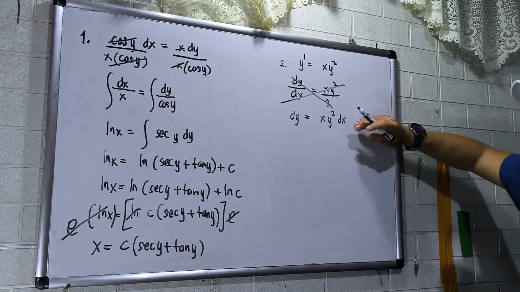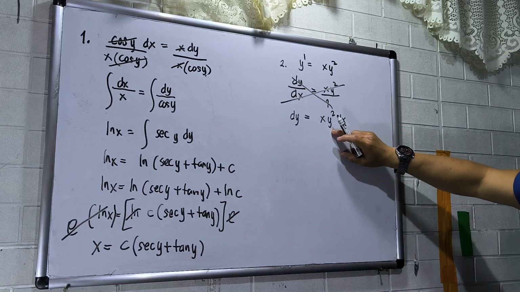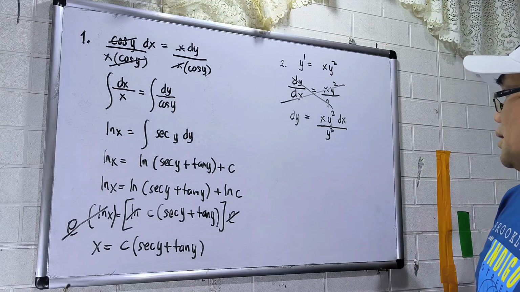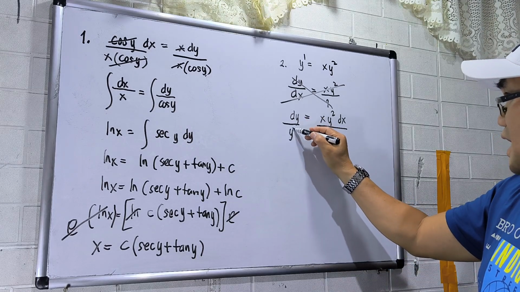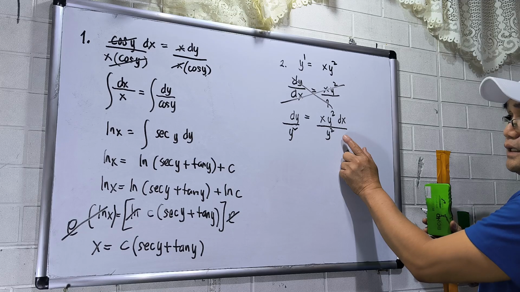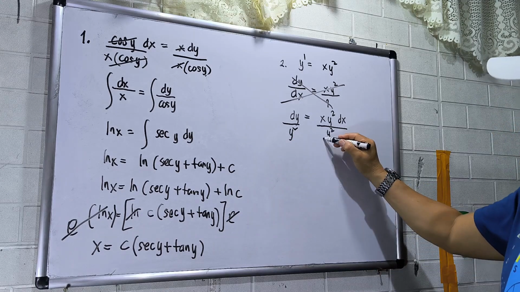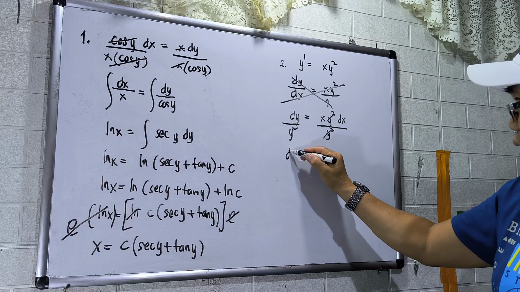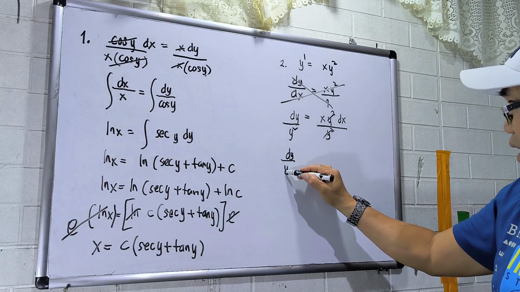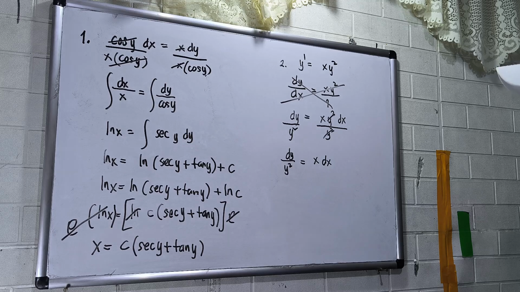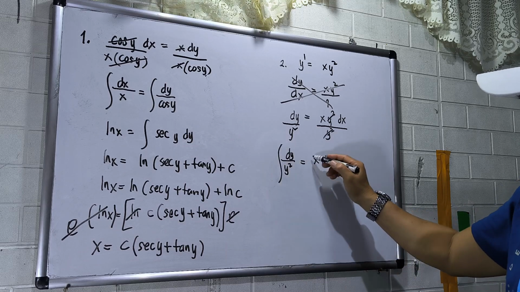Okay, so since I have y squared in here, I have to divide this one on both sides by y squared. So take note, the same: whatever I divide at the right side will be equal to the left side. So this will be crossed out. So I have now dy over y squared is equal to x dx. Okay, integrating both sides.